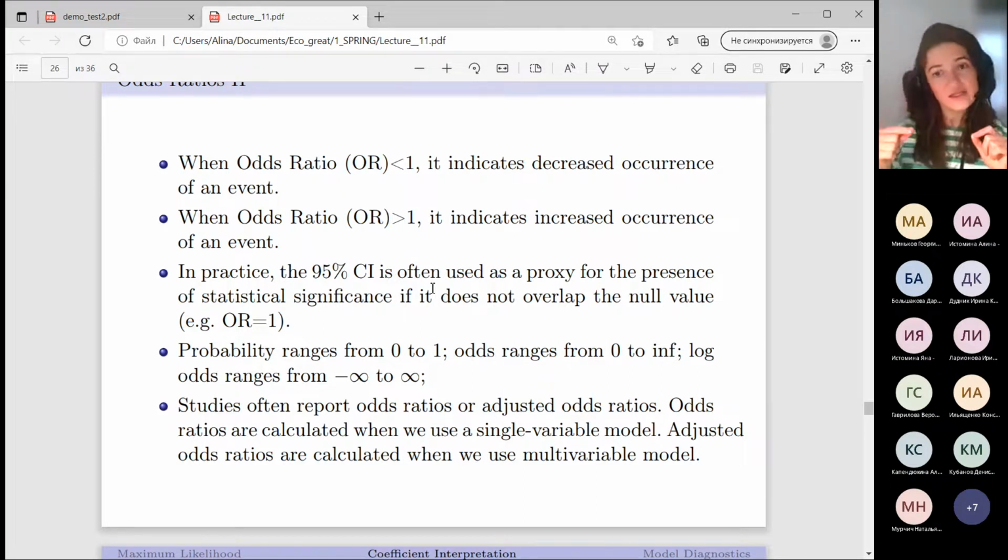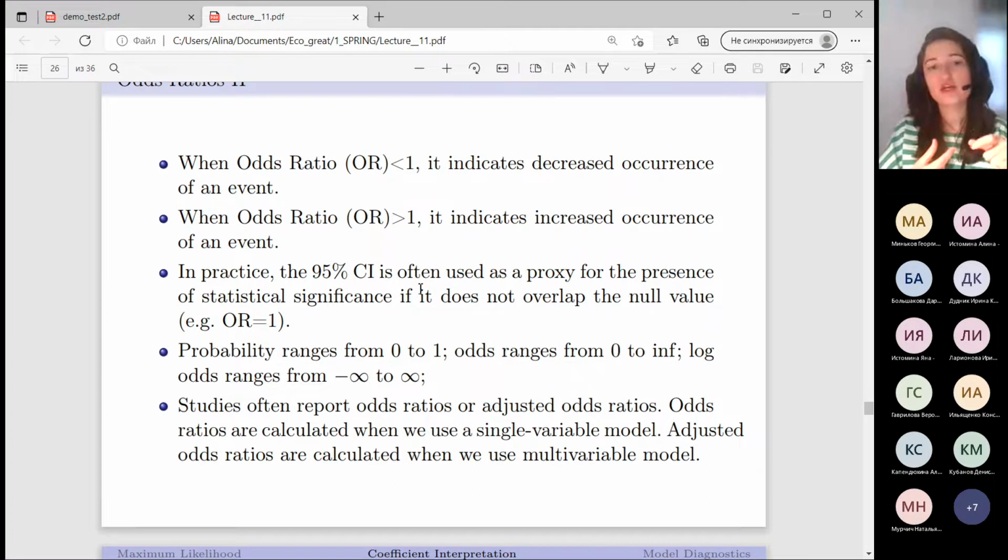So you cannot see a negative value of odds ratio. And the logarithm of the odds ratio ranges from minus infinity to plus infinity. Please remember this, and be very careful when you interpret. Remember that we compare every time with 1.